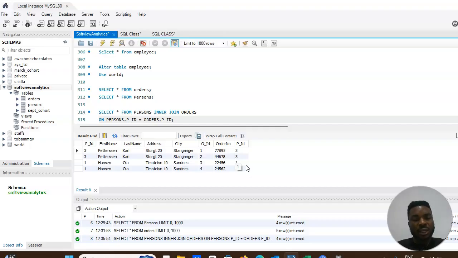Now the key understanding about inner join is that, like I once explained, it works like an intercept in the case of set theory, right? If you recall the elementary mathematics set theory, when we say A intercept B, it means that there is a point where the two sets merge together, right?